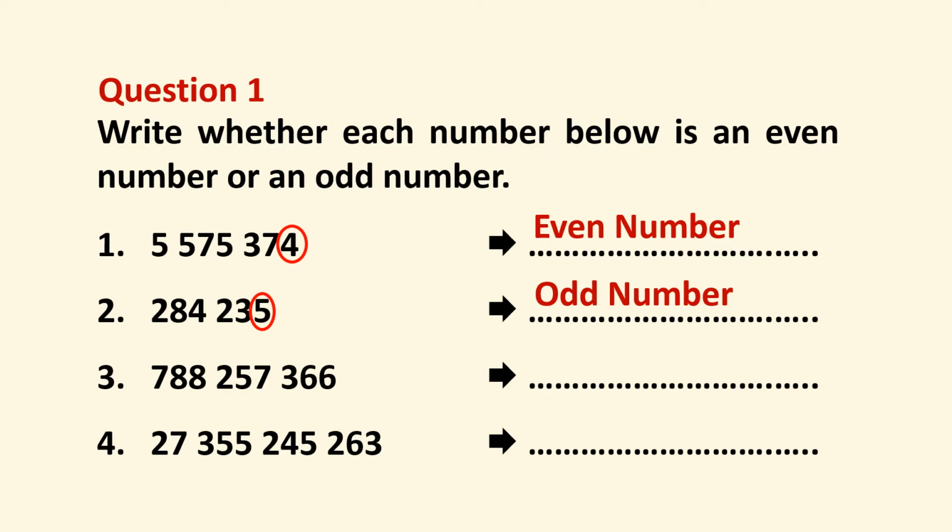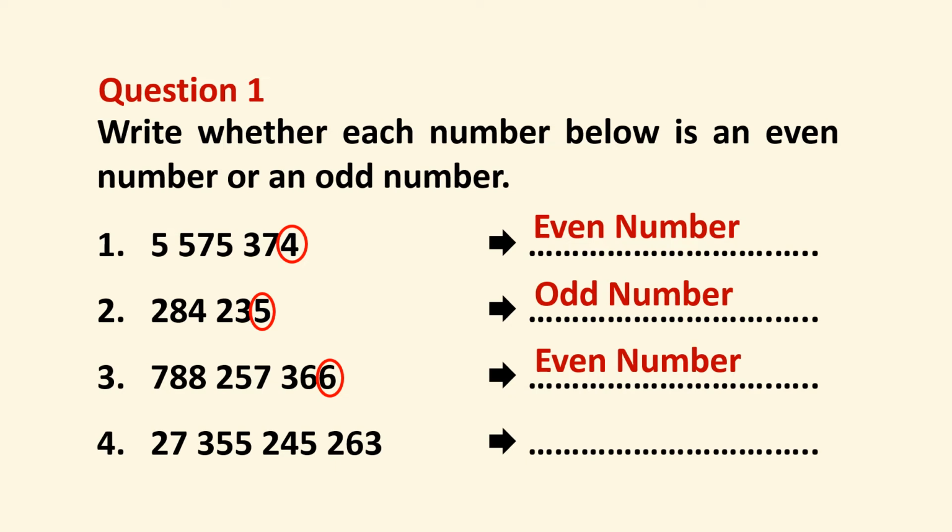Third one, 788,257,366. There, the digit in the ones place is 6. 6 is an even number. Therefore, I can say 788,257,366 should be an even number.